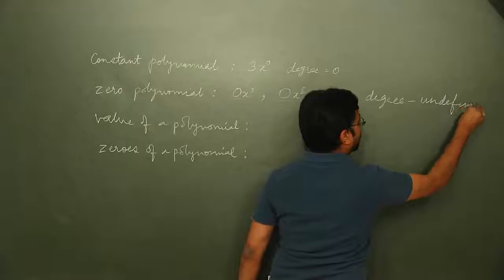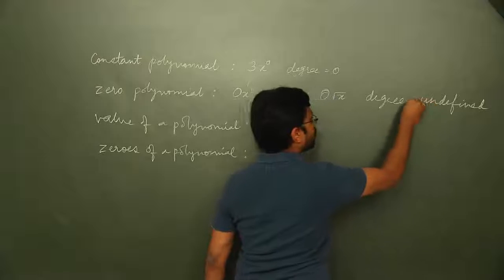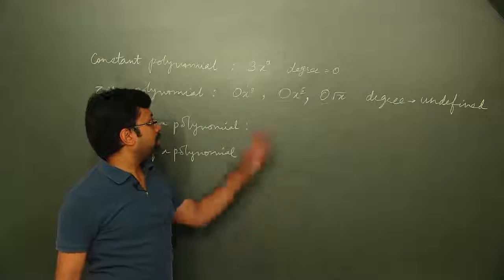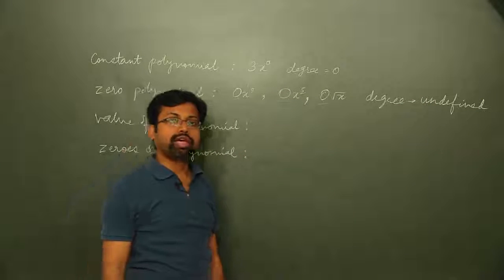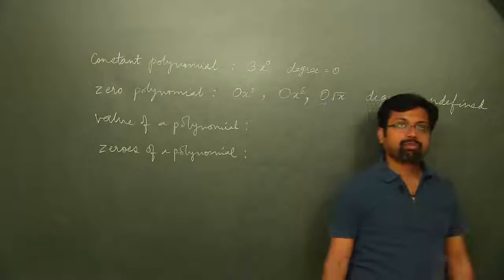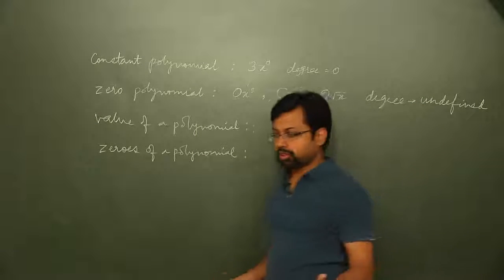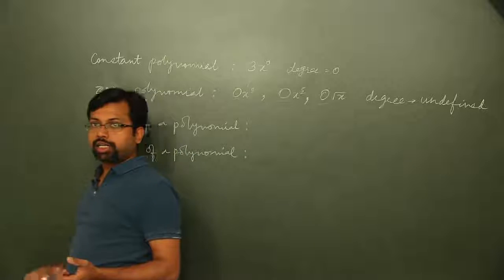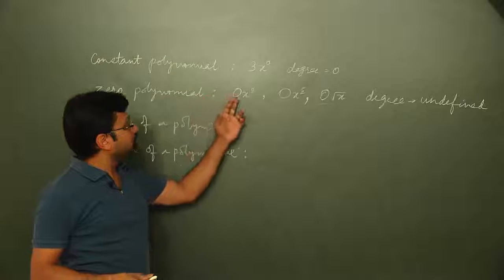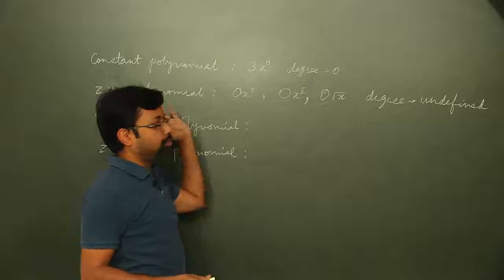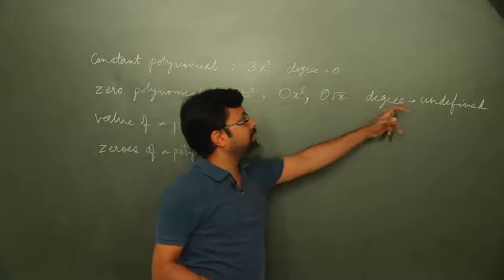You cannot define the degree of a 0 polynomial because you can put any power of x, and you can say that this is the degree of the number 0. Since you cannot identify the degree uniquely, 0 is a special number called a 0 polynomial and its degree is undefined.